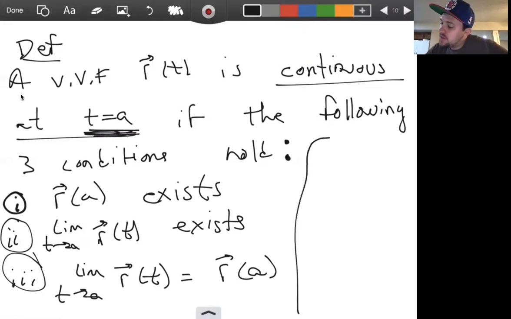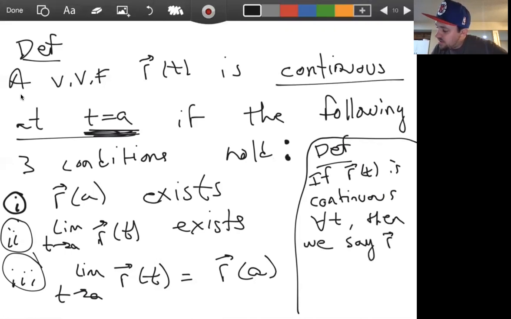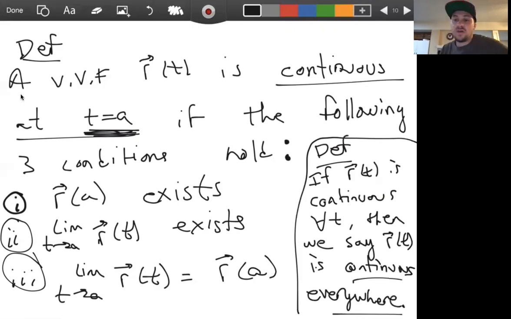And one last definition that I'd like to include: if r of t is continuous for all t, then we say r of t is continuous everywhere, or just continuous.